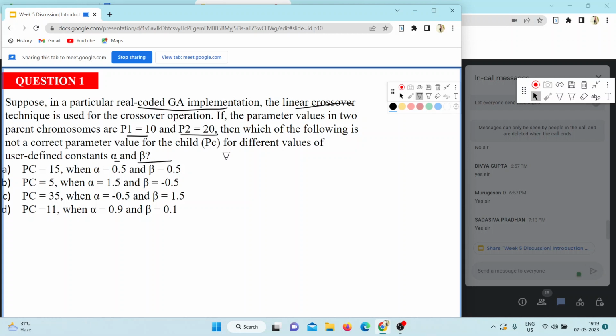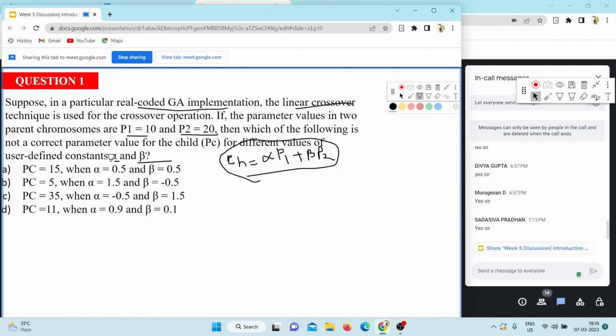At the start of the discussion I told you that children will be equal to alpha times parent 1 plus beta times parent 2, right? So you can use this formula, and these are the four options given.